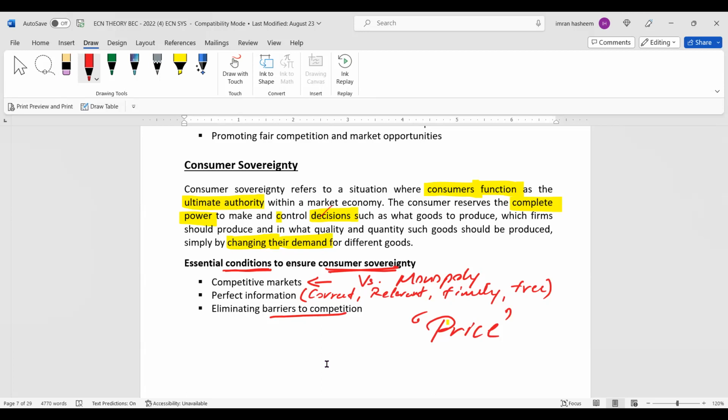If I say economics has 10 units, what is the problem with that information? The problem with the information is, anyone? Yes, it is incorrect, false, very good. So you can't make a good decision with incorrect information. Then the information is not perfect.